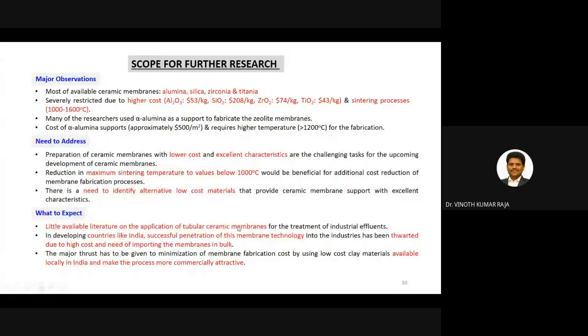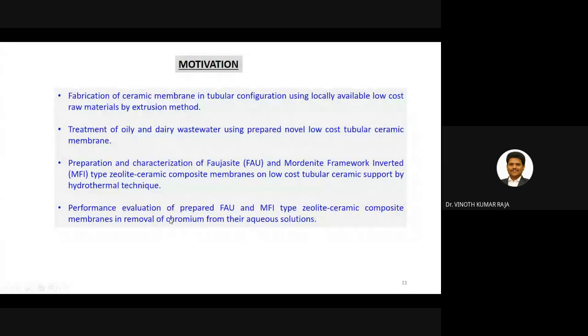So with that understanding, we have given major thrust to the minimization of membrane fabrication cost by using low-cost clay materials available locally in India, and make the process commercially attractive. We have framed some motivations to carry out further research on the ceramic membrane.